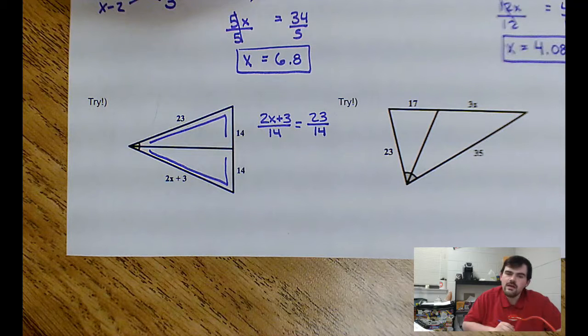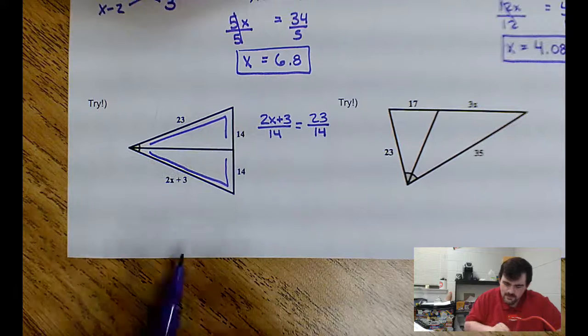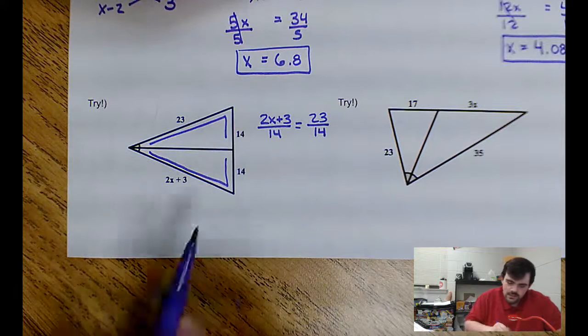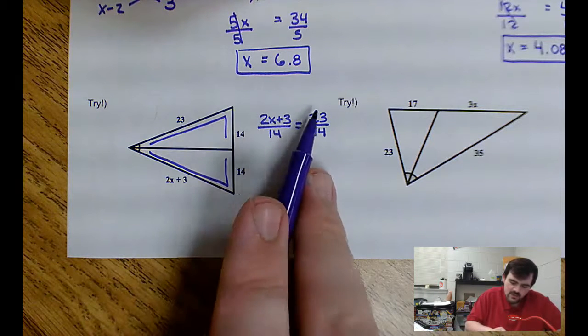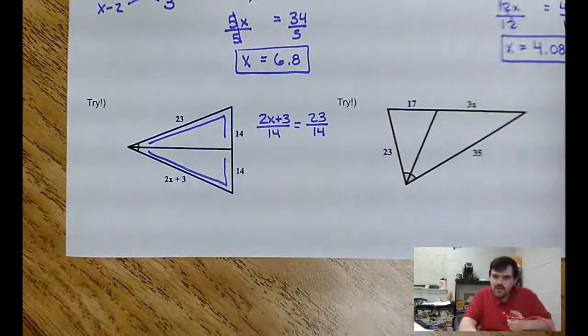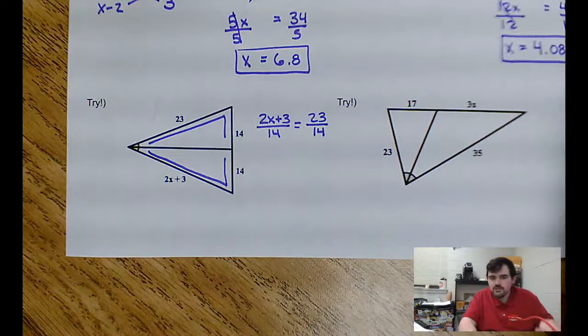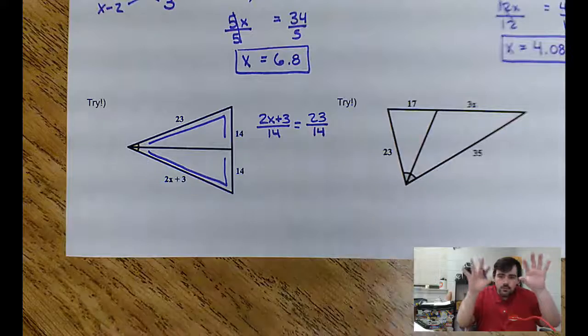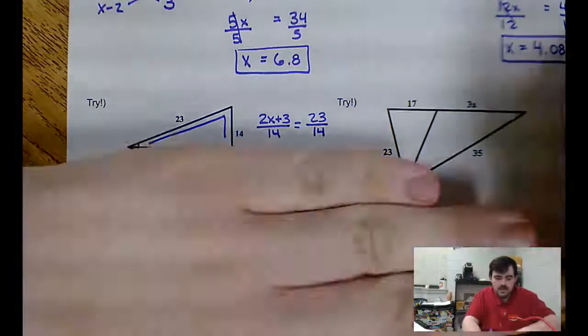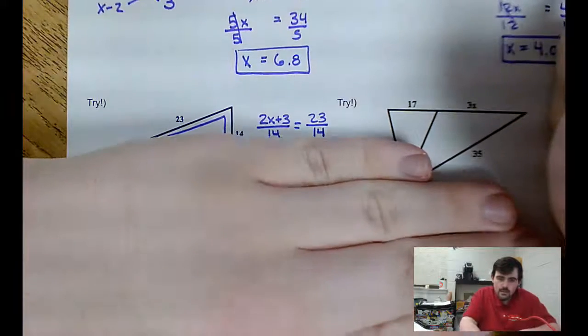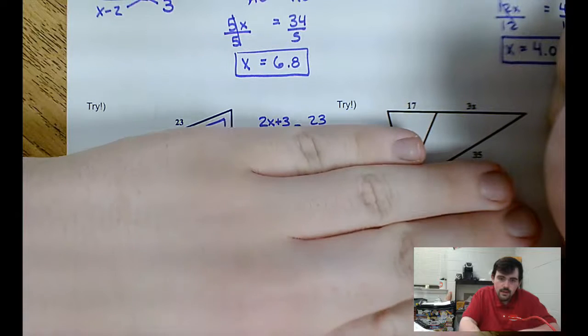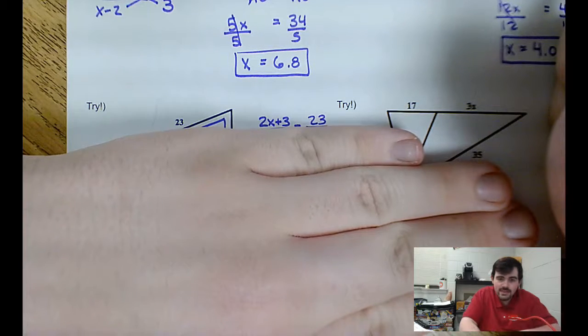It was divided proportionally, but they're the same thing. So if 2x plus 3 over 14 equals 23 over 14, if you ever have something like this where you have a fraction equal to a fraction and both the numerators or both the denominators are the same, I mean, look. Yeah, 2x plus 3 has to equal 23.